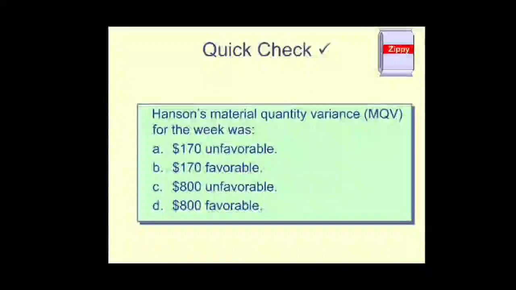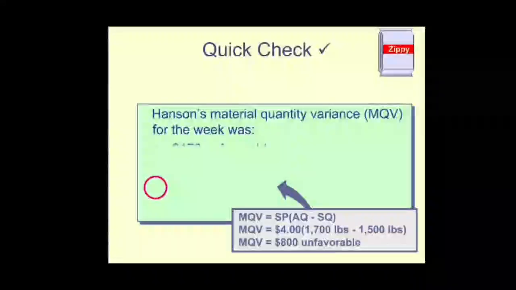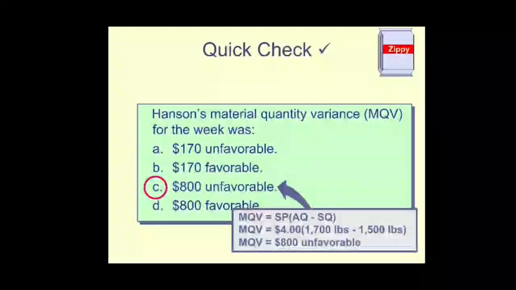Then the question asks you to calculate the material quantity variance. You use the formula: standard price times actual quantity minus standard quantity. You put in the numbers, and the answer is $800 unfavorable, because the actual quantity is higher than the standard quantity.